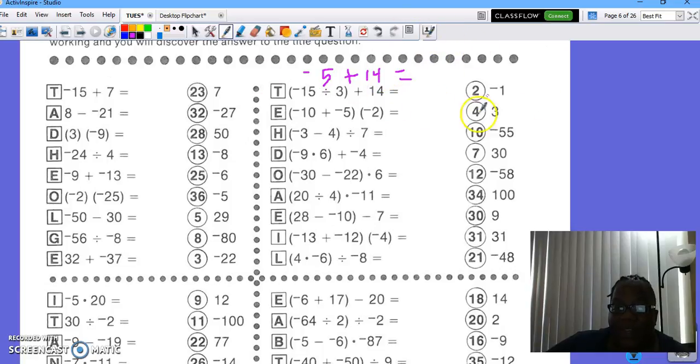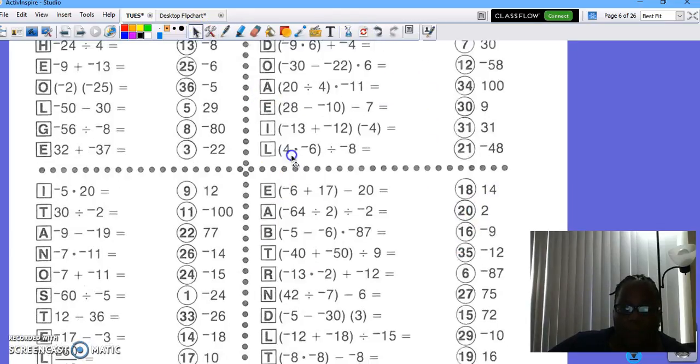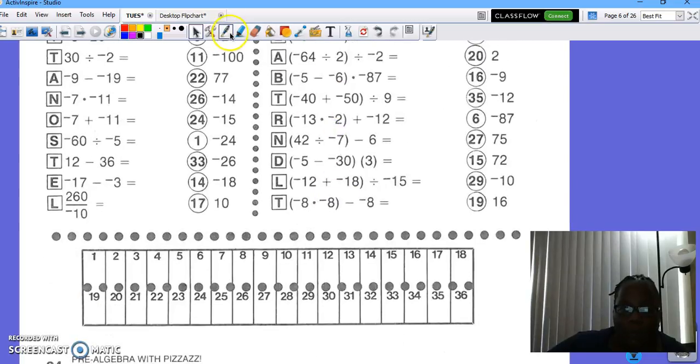So 14 minus 5 is 9. And what's the higher digit, the 5 or the 14? You see the 14 is higher, so my answer should stay positive 9, which is right here. So number 30 will be T.